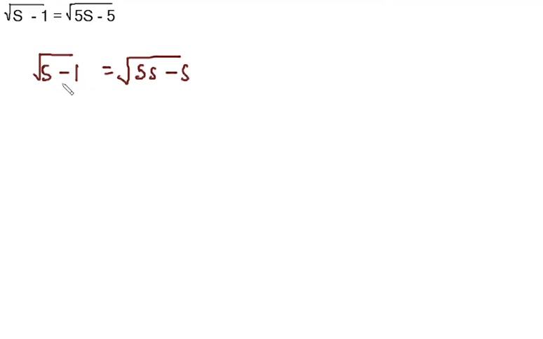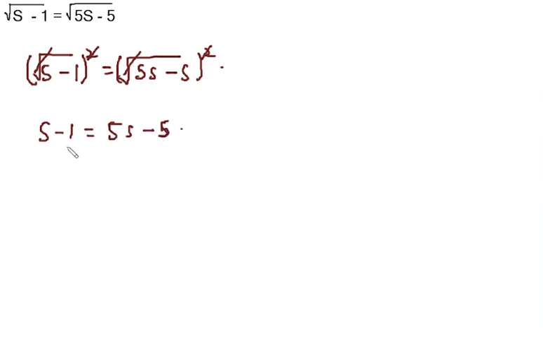So the first step, like we did before, is to square both sides. So I'm taking the square of this side, and I'll be taking the square of this side. So the square roots here cancel out the square, and then the square here cancels out the square root. So I have s minus 1 is equal to 5s minus 5.